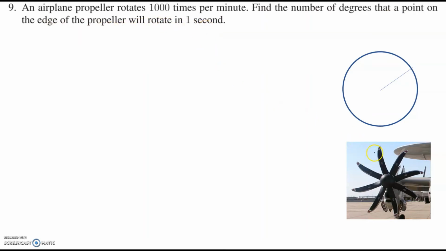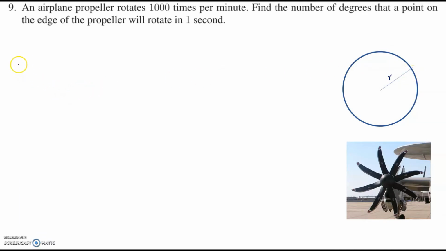Okay, so I have put for you here the picture of a propeller. So if we consider this as a circle with a radius r. Now the propeller is rotating 1000 times per minute. So it's going round 1000 times in 1 minute. So if this is the circle, then it's going 1000 times in 1 minute.